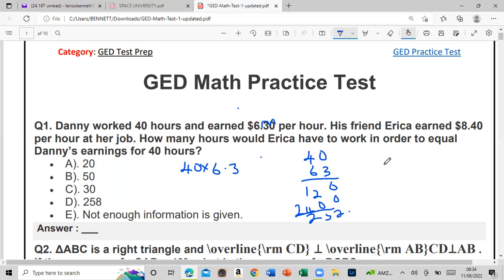Now we divide 252 by $8.40, and that should give us 30. As I say, that question is kind of a giveaway.